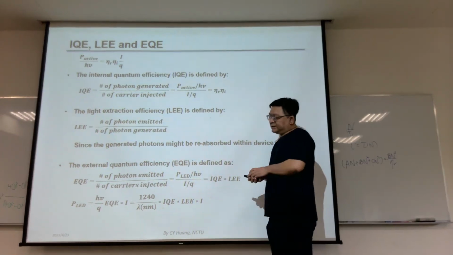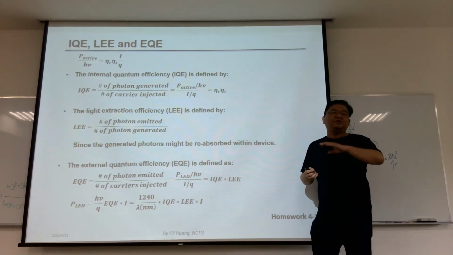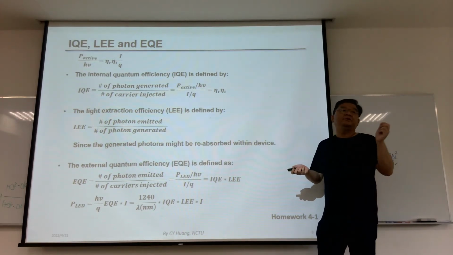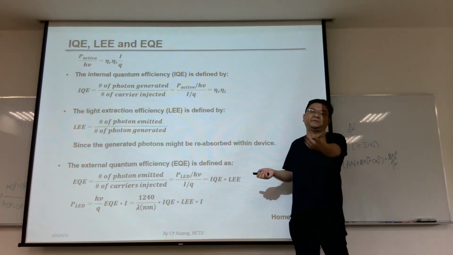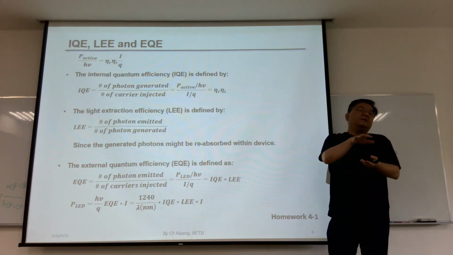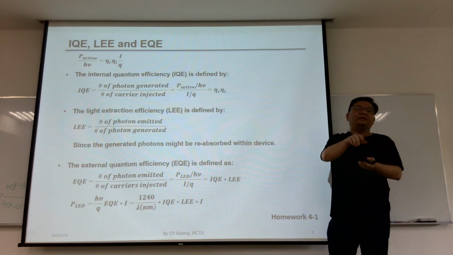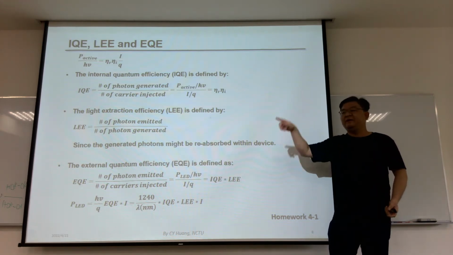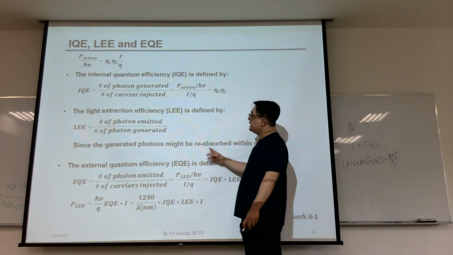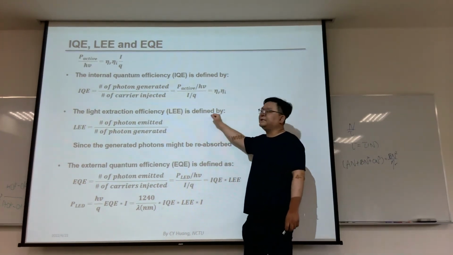Okay, so now the photon is generated in the quantum well or the active region. It might not be observed by you because it might be reabsorbed in the device, or while your device is a well polished square, you have some waveguide effect inside, so it is not necessarily observed. So we can define the second term, called the light extraction efficiency.